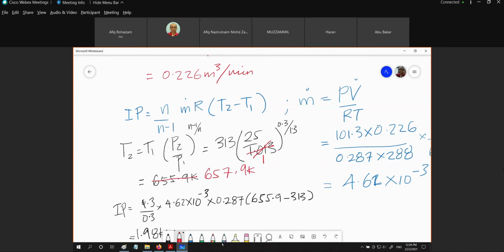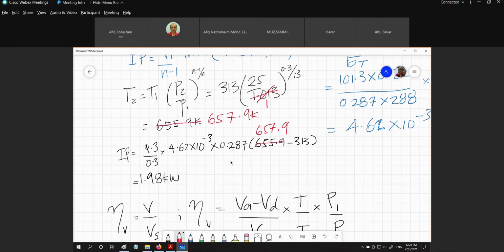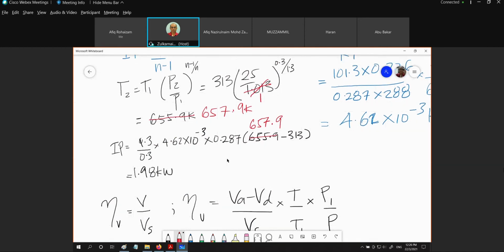Okay, so potong, 657.9. Biar nampak salah tu ya, jadi kita aware lah kenapa salah. Okay, new value 1.982 kilowatt.